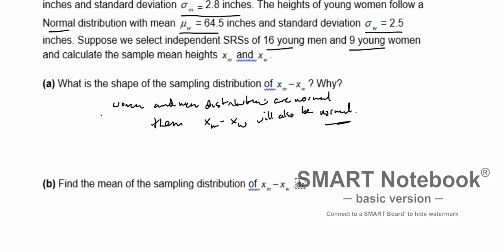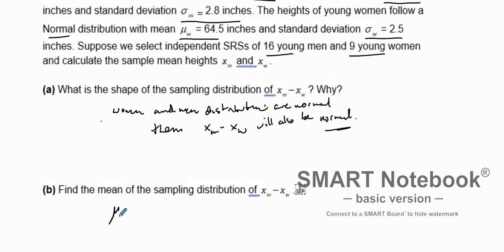So if we have the mean of the sampling distribution, x-bar men minus x-bar women, what we're going to have is just the means of each.